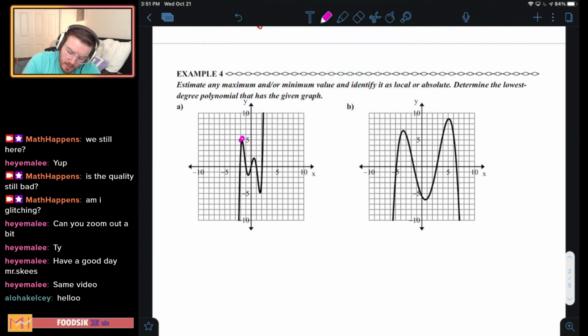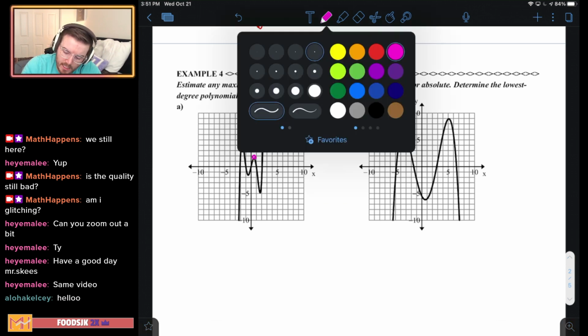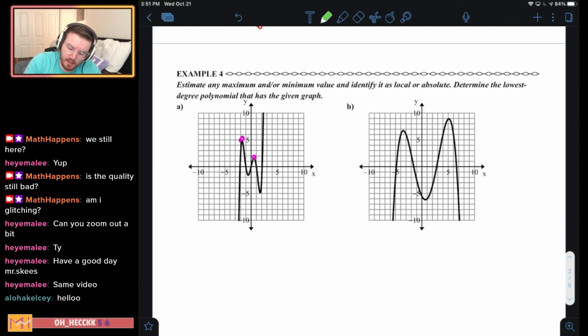So here and here, right? And the mins are going to be where the valleys are, here and here, right? I hope that makes 100% sense, all right? The peaks are your maximum points, and your valleys are your lowest, your minimum points.